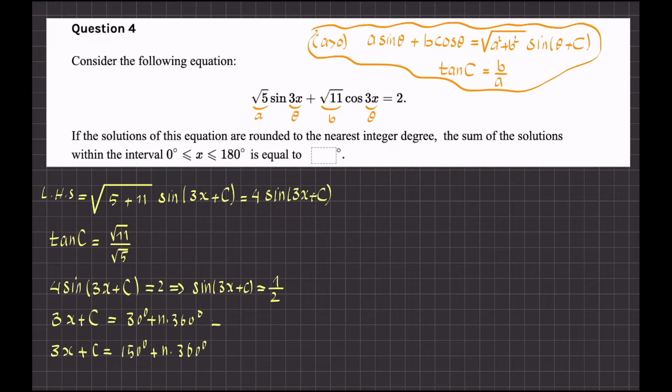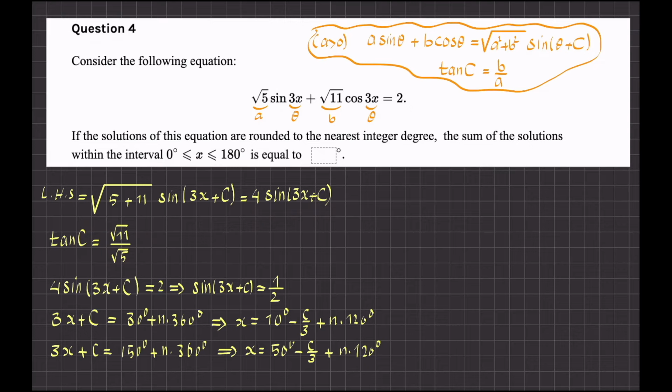In both cases, I need to calculate x, so I move c to the other side, it becomes minus c, and I have to divide everything by 3. 30 divided by 3 becomes 10. C moved to the other side, minus c divided by 3 becomes minus c over 3, and 360 degrees simply becomes 120 degrees. The other one is the same, but this time 150 divided by 3 becomes 50, minus c over 3, plus n times 120 degrees.